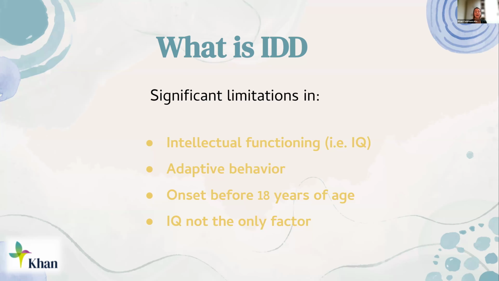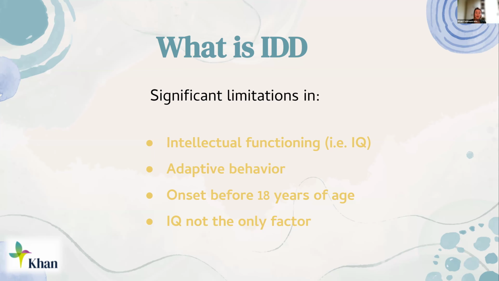That's an important piece. The other piece is it's usually most often diagnosed by a psychologist, although some medical doctors will comment on things like cognitive delays. It would be unusual for a doctor to perform an IQ test or to do a formal assessment where they would be able to accurately specify the level of disorder, because intellectual developmental disorder could be mild, moderate, severe, and that would be difficult without a formal assessment.